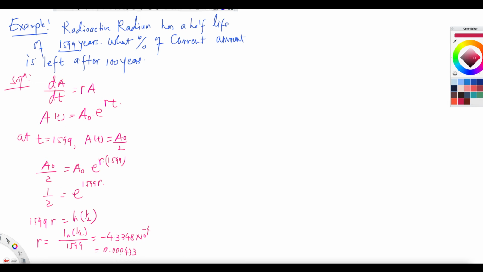That's why I added 3 zeros there, and the decimal moves. So 0.000433. That is the value of R.